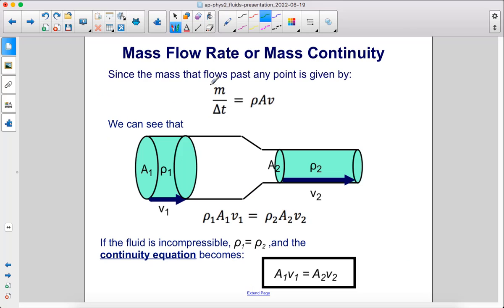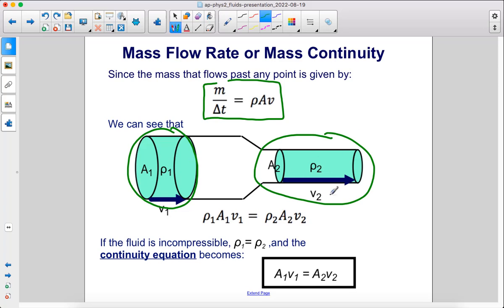All right, so now we have this equation here. The mass that flows past any point is given by this equation. The amount of mass per time is rho A v. And so we can see that this rho A v has to be equal to this rho A v.